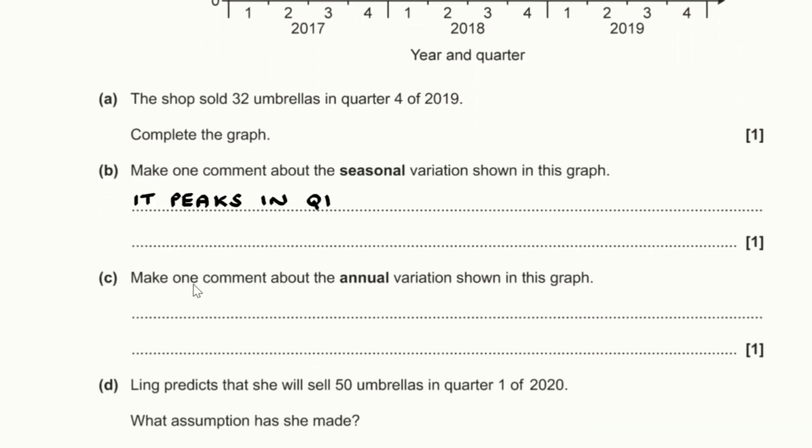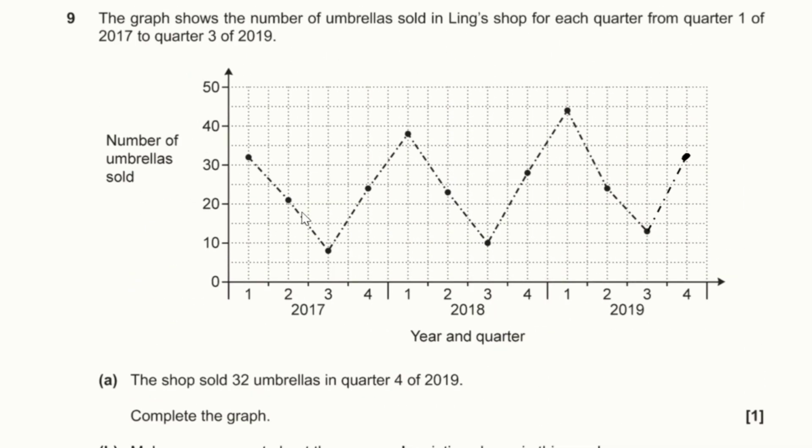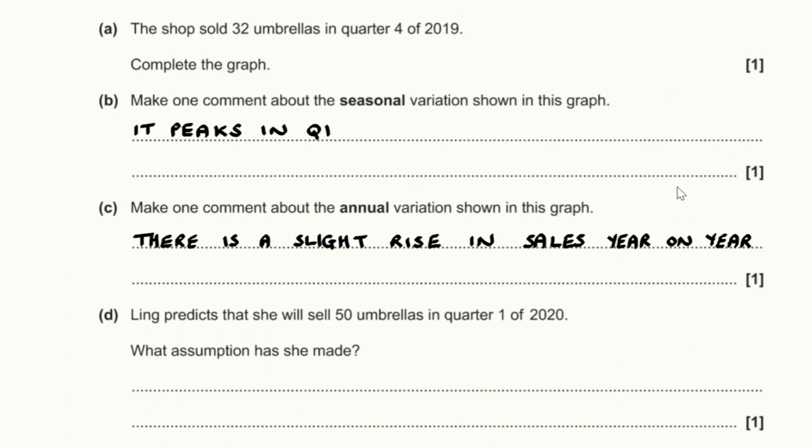And for part C, we have to make one comment about the annual variation shown in this graph. Well, if we take a look at what's happening during the year, then we can see overall there is a rise in the sales. So there is a slight rise in sales year on year.